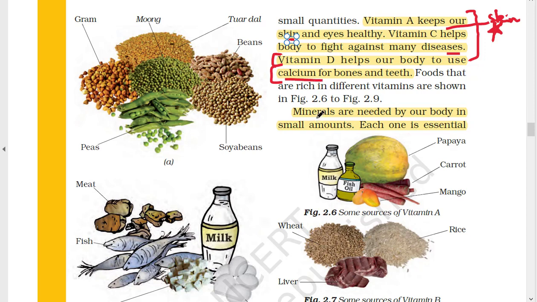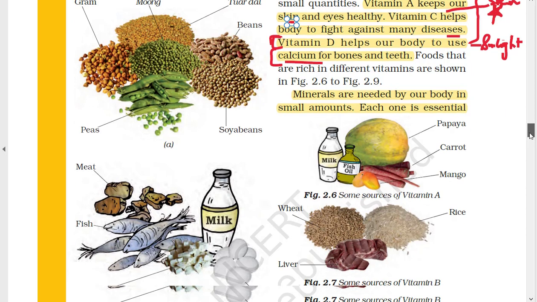So even if calcium is present and your body is not using it, you will have weak bones and teeth. So for that we also need vitamin D, and we get it from the sunlight. So it's very important that every day you go out and take some sunlight for half an hour or so in the morning.